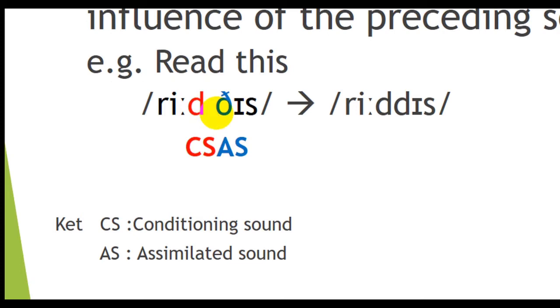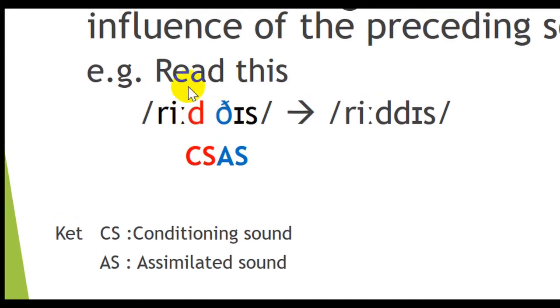Okay, but they are alike actually. They are alike, but it is easier to pronounce the d instead of the th. So people tend to pronounce "read this" into "read dis."